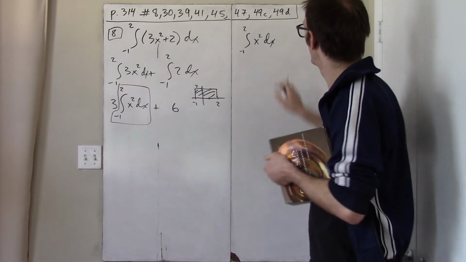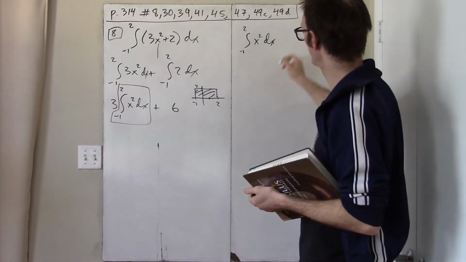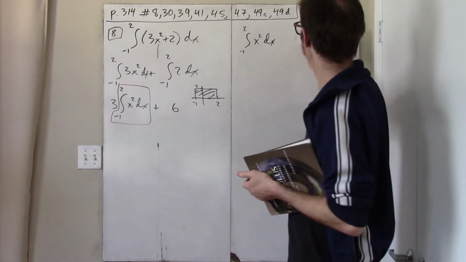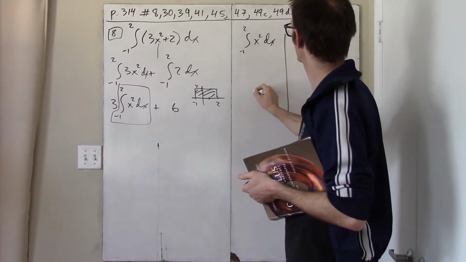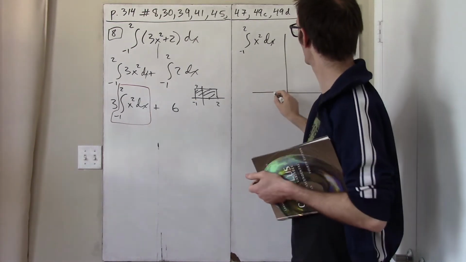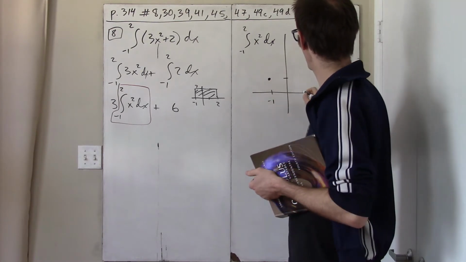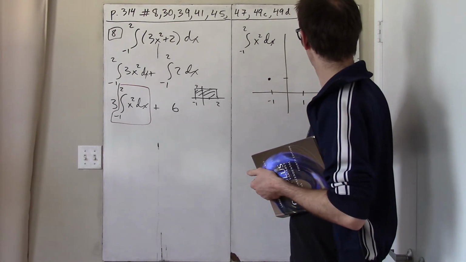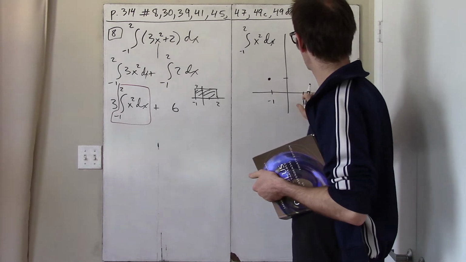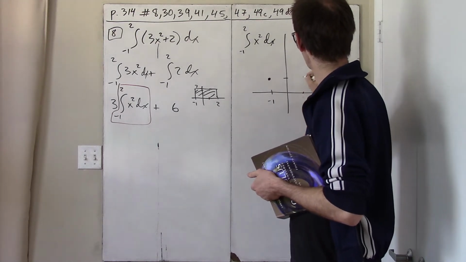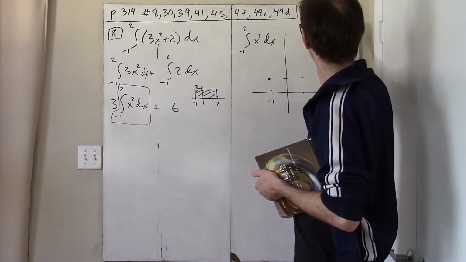Let me make a picture to aid in understanding. So what does this look like? When I plug in -1, I get 1, of course, and when I plug in 2, I get 4.